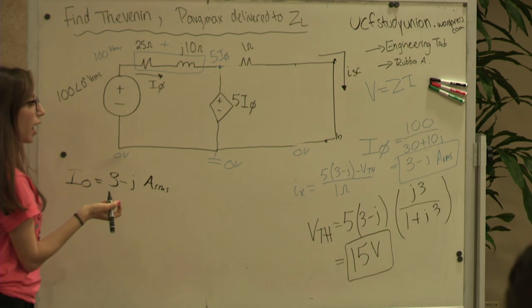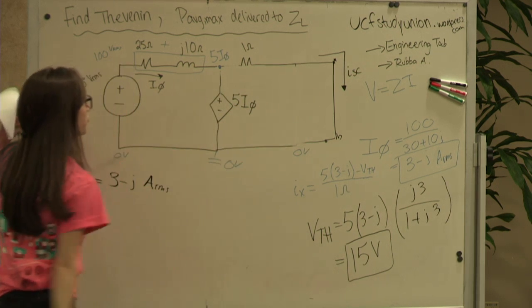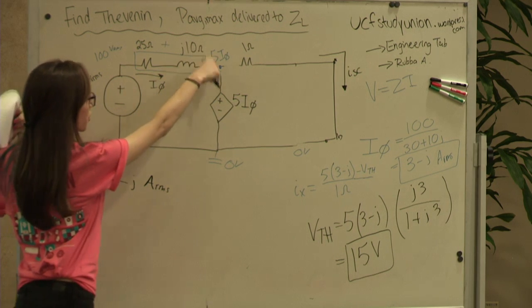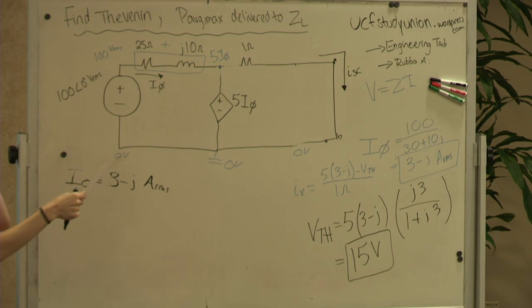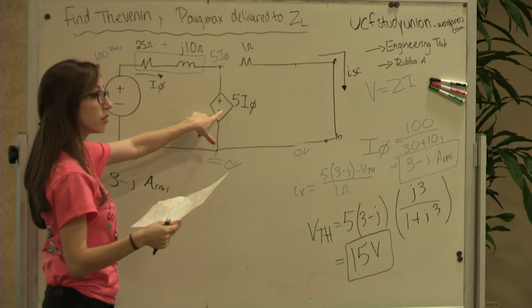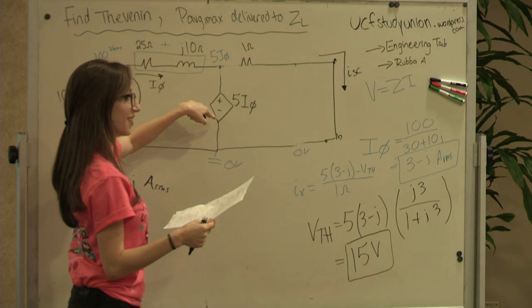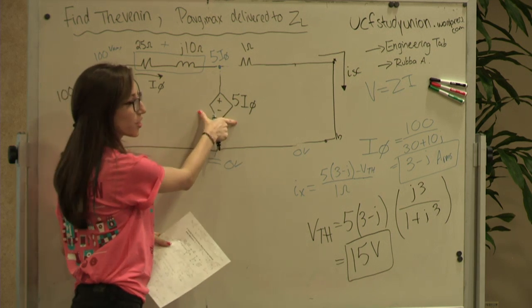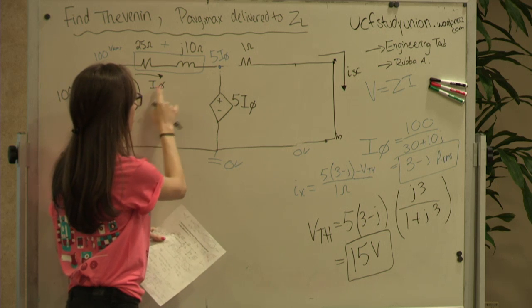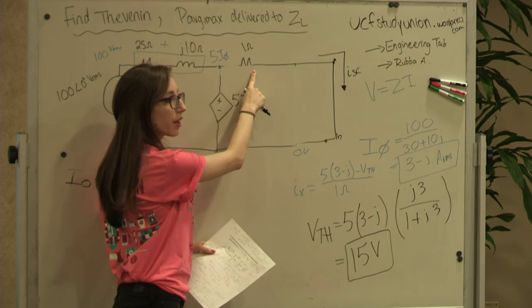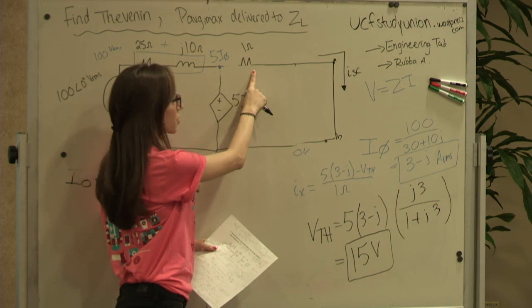So now how would I find ISC? Let's see, we know this current. We don't know this current. This current? Oh, no, it's 0. This current's 0? That's a voltage. It's not 0, but we know the voltage because we know this current, so we know this voltage. Is this voltage in parallel with this resistor?